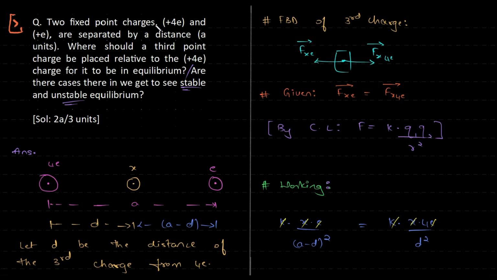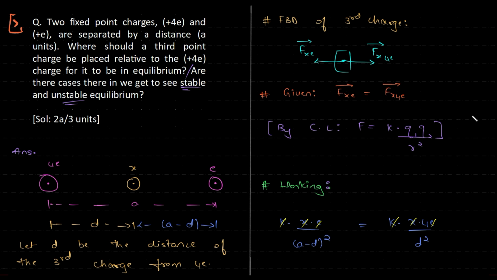Okay guys, because both the charges are positive, that is, they are like charges, they will repel when we keep the third charge over here, which is not within the space. If they were of different nature, then things would have been different, but not in this case.